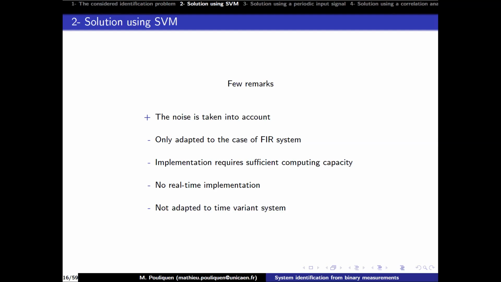It's a pity. Another drawback is that we can't apply it in real time. The computational time is too important in my mind, with respect to some other solutions, and it is not adapted to time varying systems.